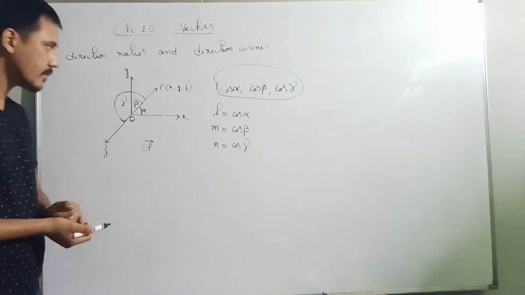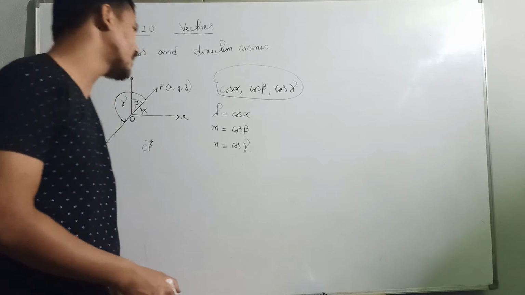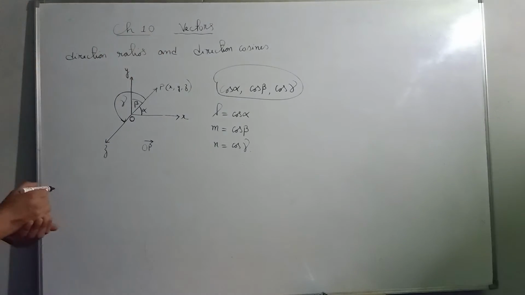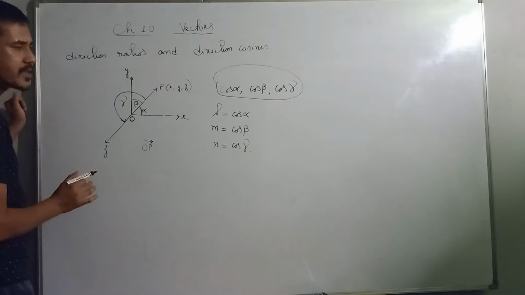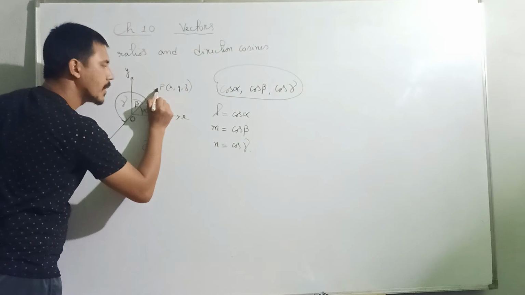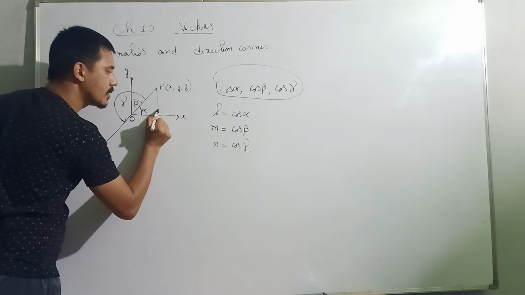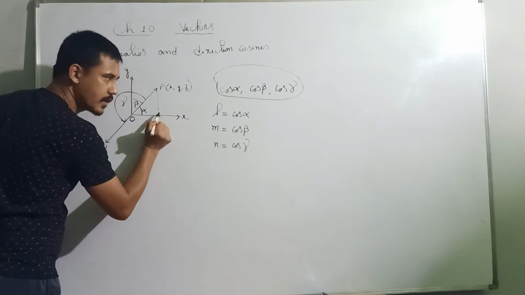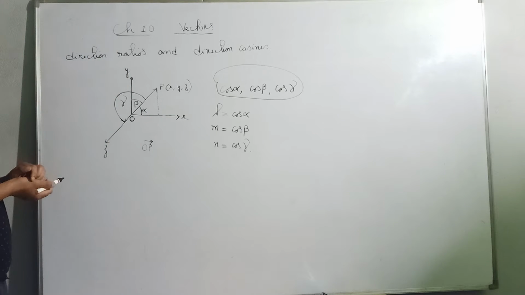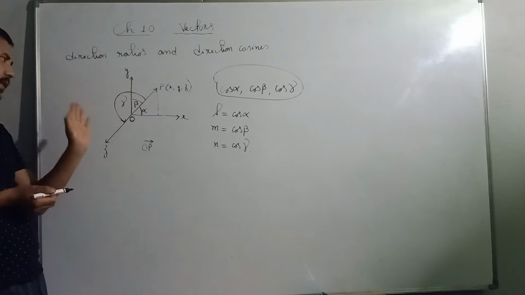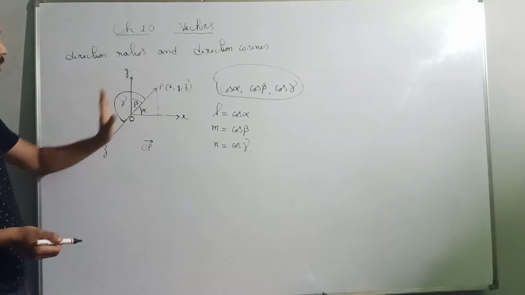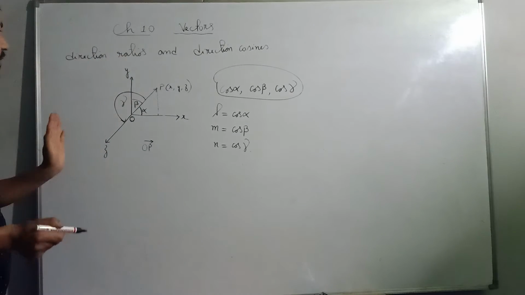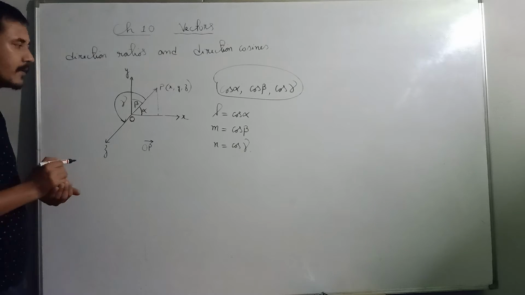Now, let's see what a direction ratio is. In order to determine the direction ratio, let me drop a perpendicular from P to the x-axis. Similarly, I have to drop perpendiculars on the y and z axes also, but let me do it for one, and similarly we can write the result for the others.